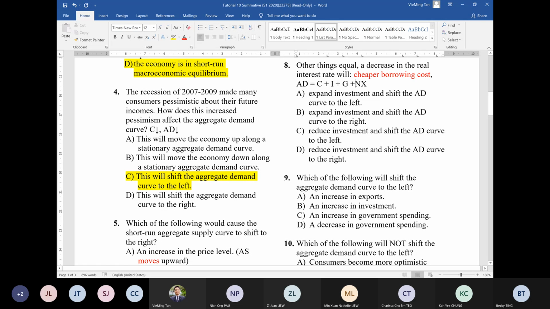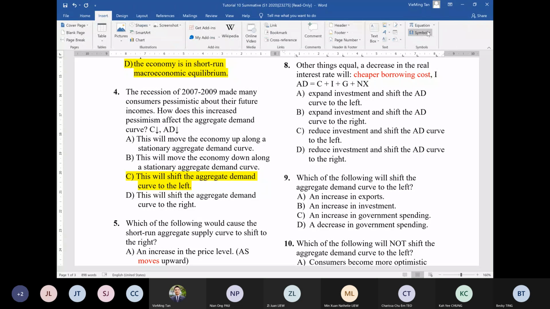So if borrowing cost is cheaper now, what is the consequence? You may find that more private firms are going to borrow money from the bank or financial institution in order to start the business or extend the business. As a result, this will increase the I. This will encourage the private firm to invest, because borrowing cost is cheaper, so I will increase.